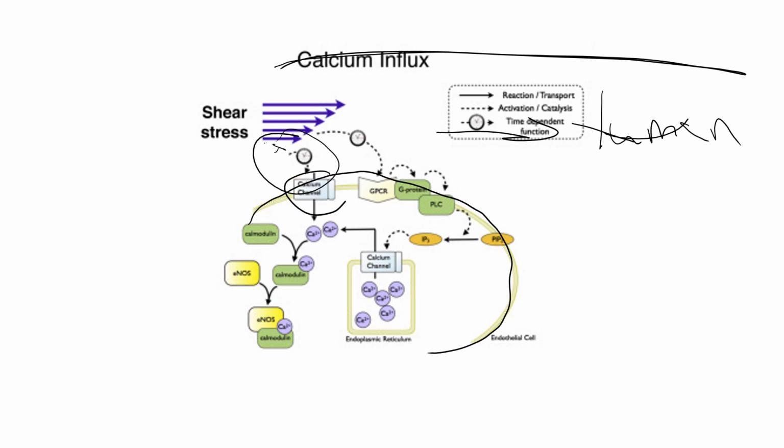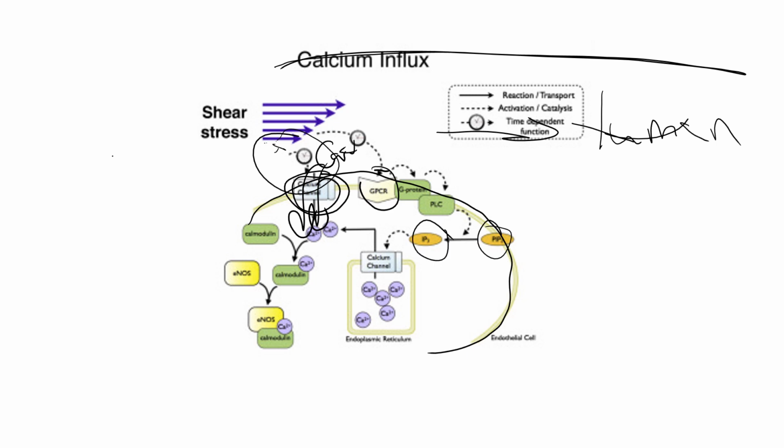One possibility is that the shear stress itself opens up calcium channels within the plasma membrane of the endothelial cell, and that allows calcium to spill into the endothelial cell. Another possibility is that shear stress activates a G protein pathway, a PIP2-IP3 pathway.